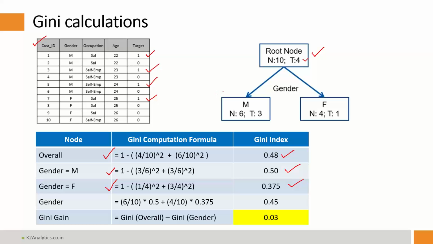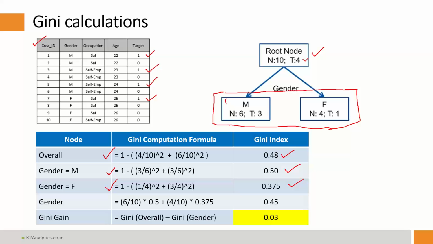We have to now compute the Gini of this composite, both the child nodes taken together. So Gini of the split, the two children taken together, will be calculated by giving proportional weights. Now, how much weightage should I give to this?